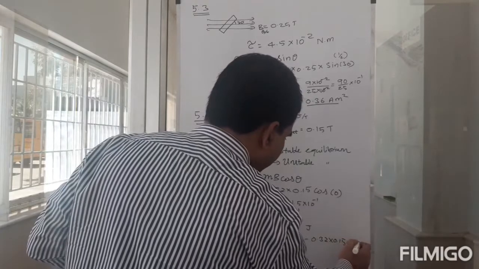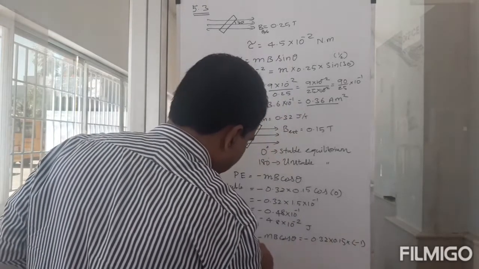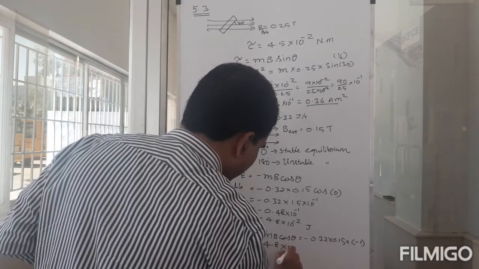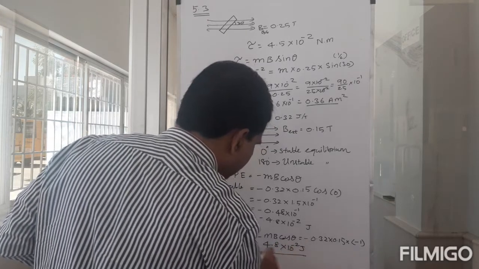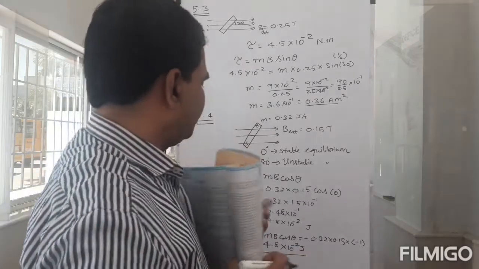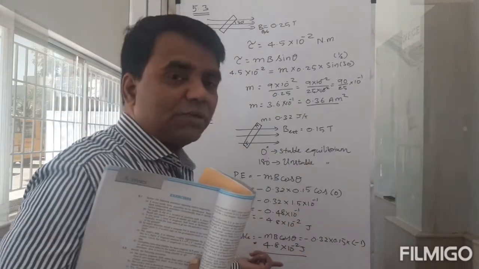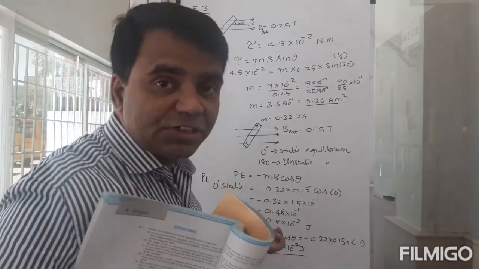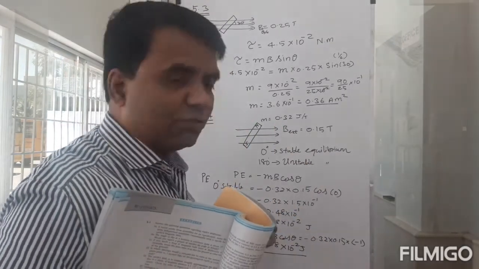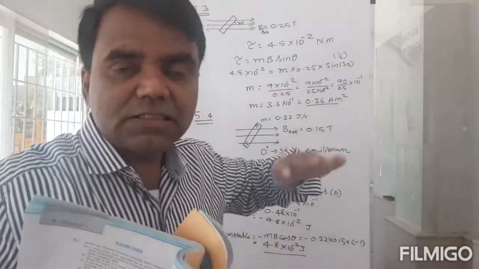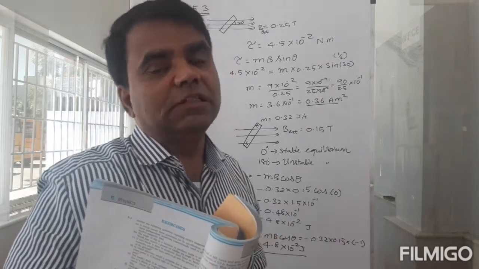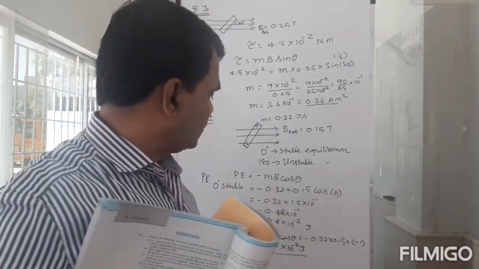Cos 180 is going to be minus 1, so it's going to be a positive number. So you get the same thing, but it is positive. It's 4.8 into 10 power minus 2 joules. So one is minus 4.8 and the other one is 4.8 into 10 power minus 2. So notice that the potential energy will be minimum, minus 4.8, when an object is in stable equilibrium, and maximum when it is in unstable equilibrium. Hope this is clear to you.